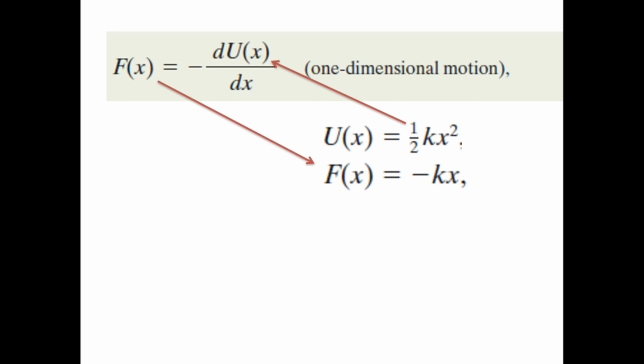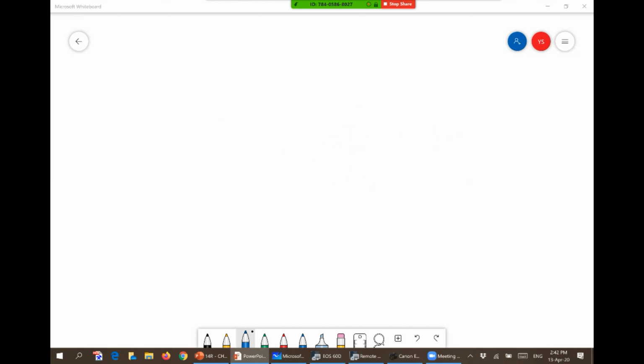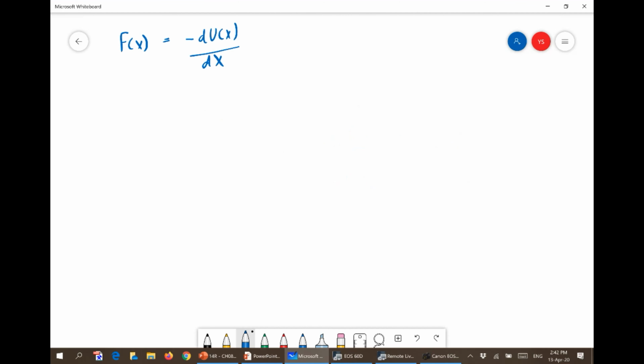Well, if we say the potential energy is half kx squared, then the mere differentiation of it will give us what? Let's do it together. Well, we go from F of x equals minus dU of x by dx, and we just plug it in.